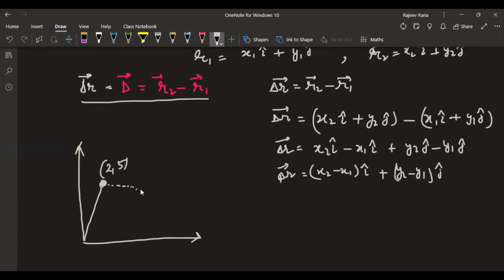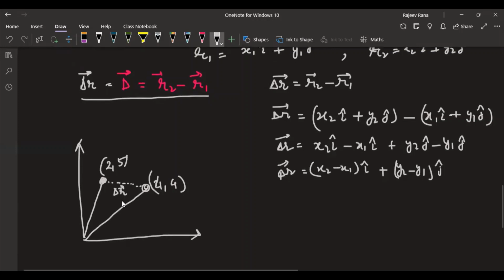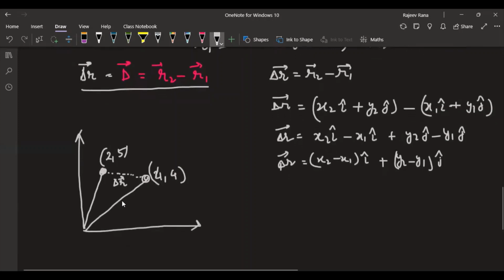It is shifted to another point, and the values are 4 and 4. Can you tell me what delta R is? It is the displacement vector again. Very good. So what is the value of this delta R here?